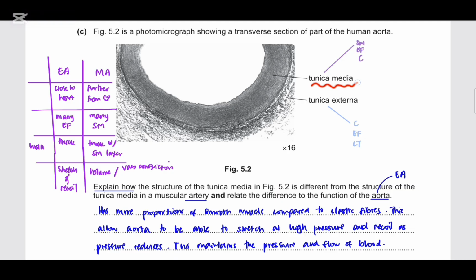The tunica media normally contains smooth muscle, elastic fibers and collagen. Whereas the tunica externa contains collagen fibers, elastic fibers, and connective tissues.